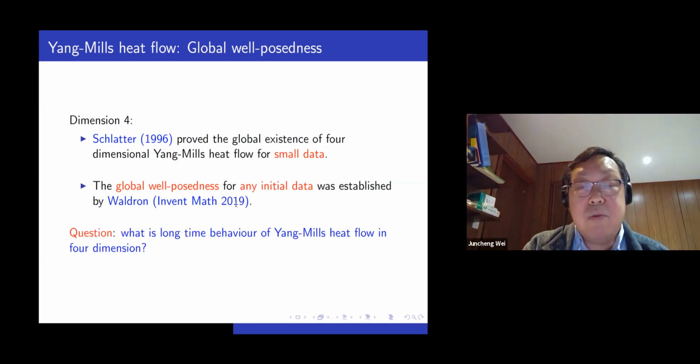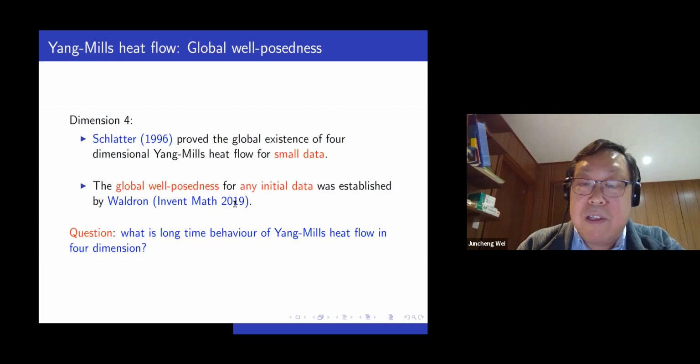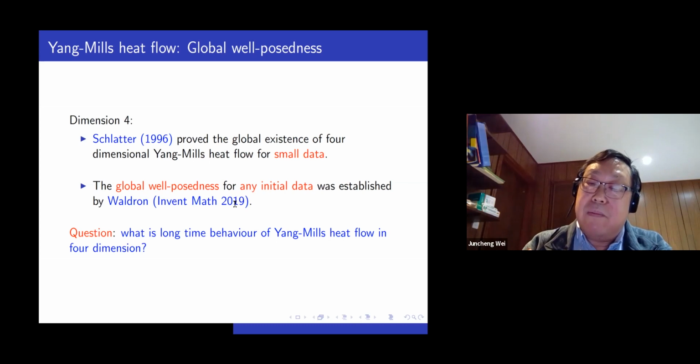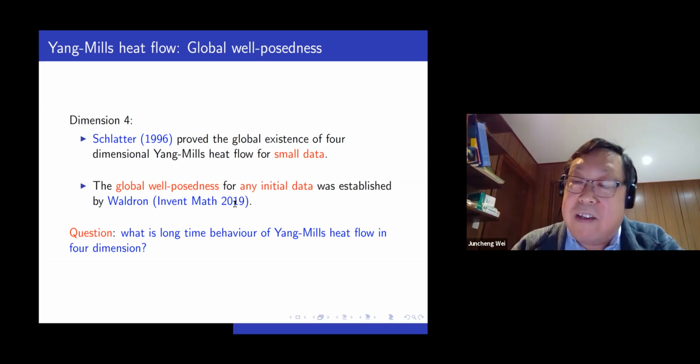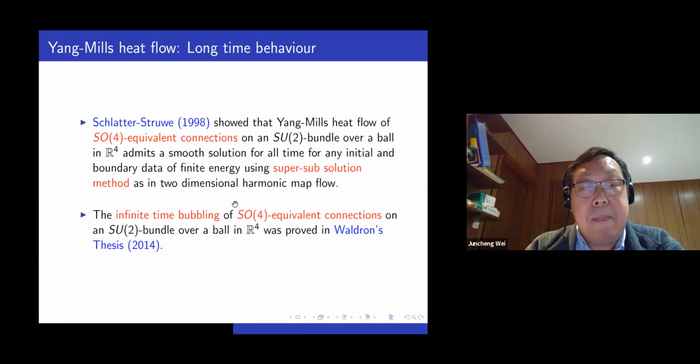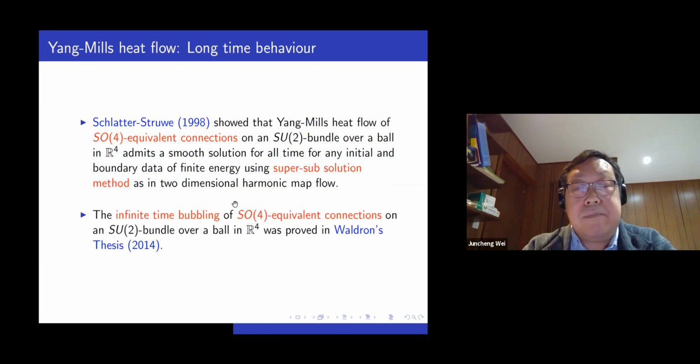Okay, so what we want to understand, now we know the solution exists globally, is the long-time behavior of the Yang-Mills heat flow in 4 dimensions. Do we have a singularity at infinity, when the solution blows up at infinity?